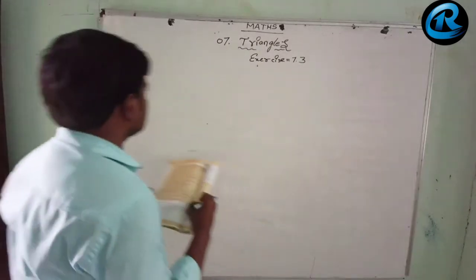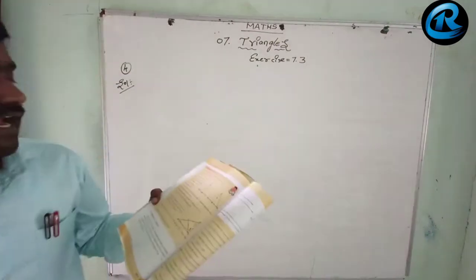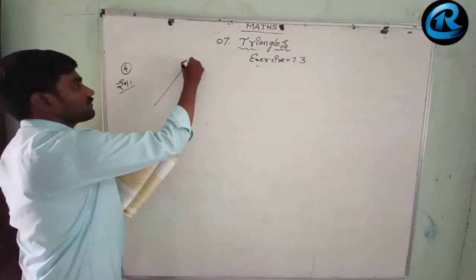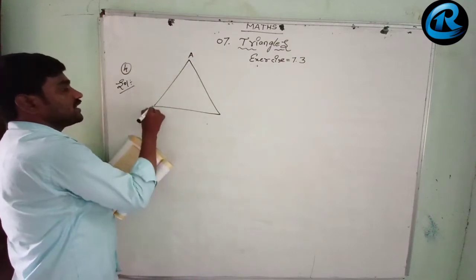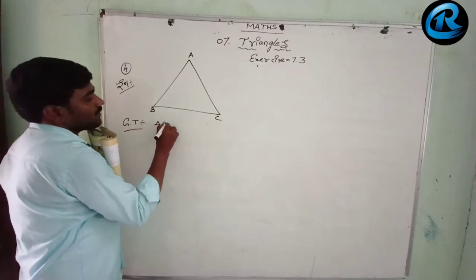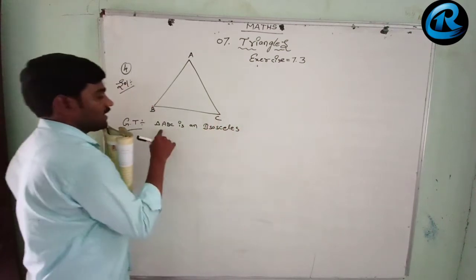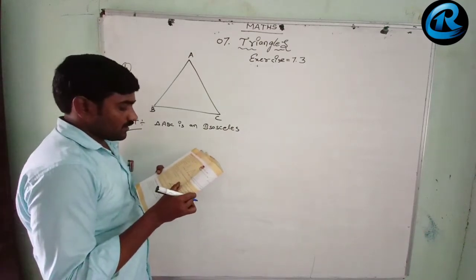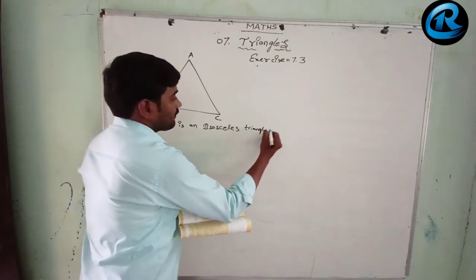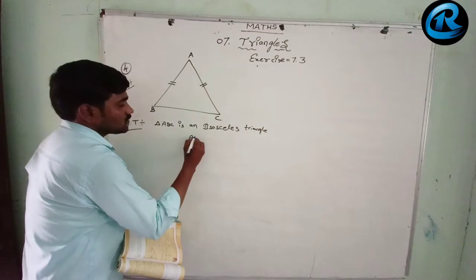Here is the fourth question's solution. Triangle ABC is an isosceles triangle in which AB equals AC.